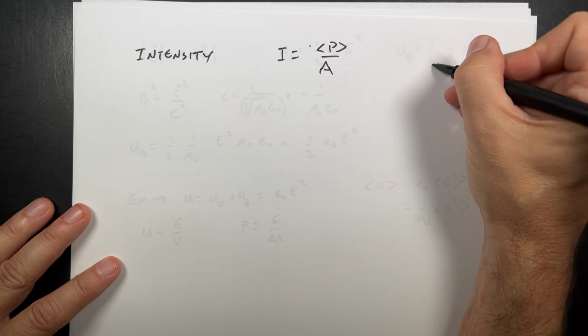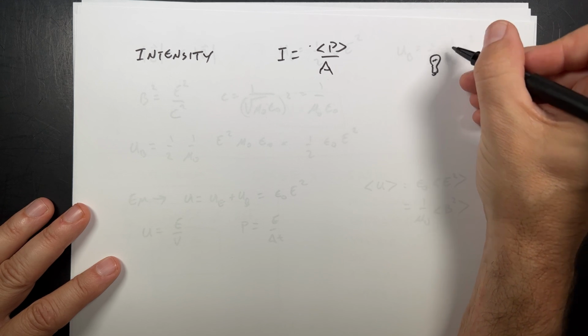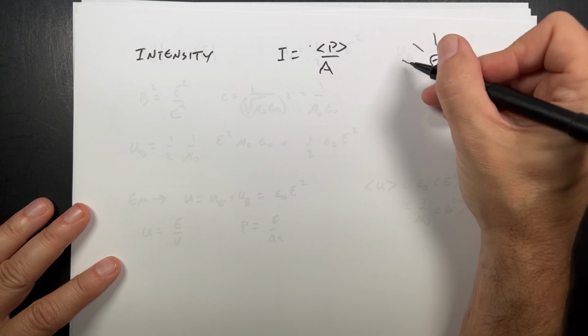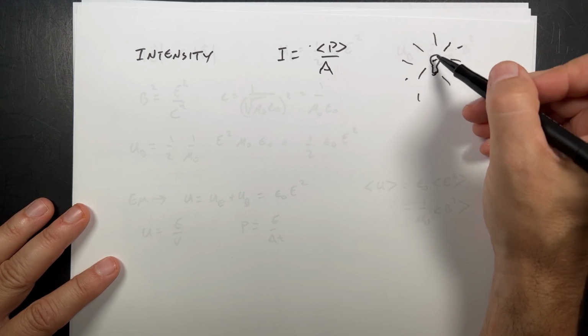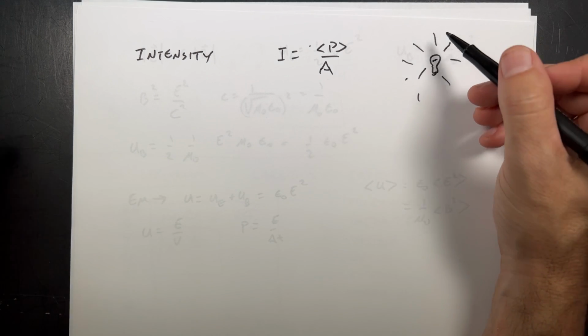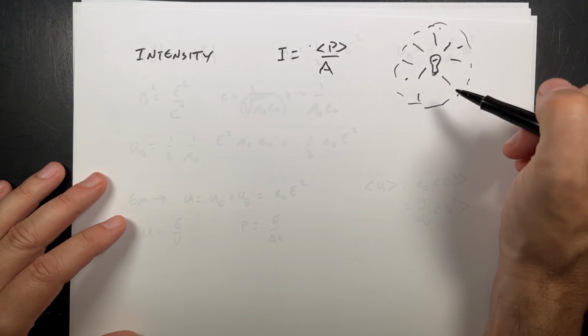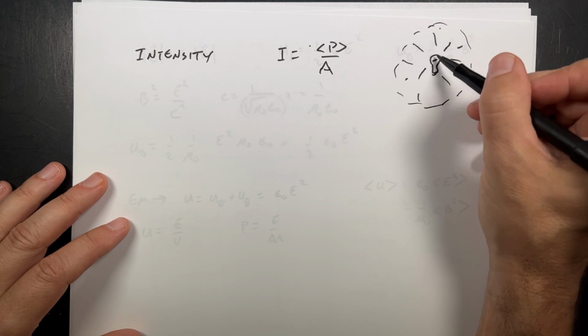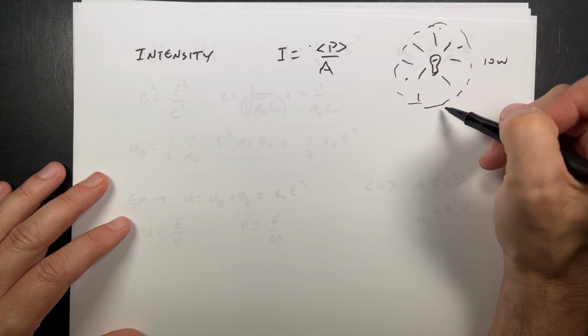So if you imagine a light bulb right here, and it radiates light, that light has energy, and it moves with time, so there's power. But if I want to encircle the whole thing, then I could capture the power of this light bulb. Let's say it's a 10-watt bulb, and this would be the area of the whole thing.